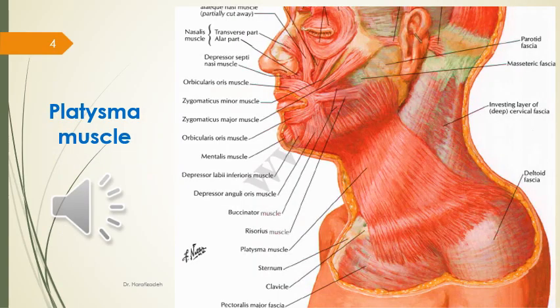One of the structures we mentioned that lies in the superficial fascia is the platysma. This is a thin, broad muscle located in the anterolateral part of the neck.